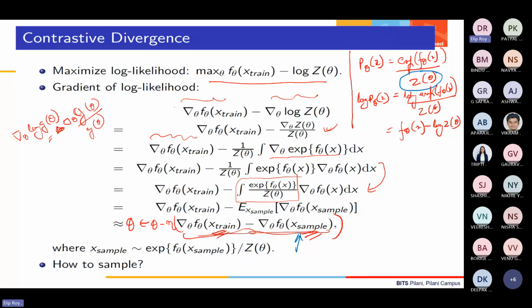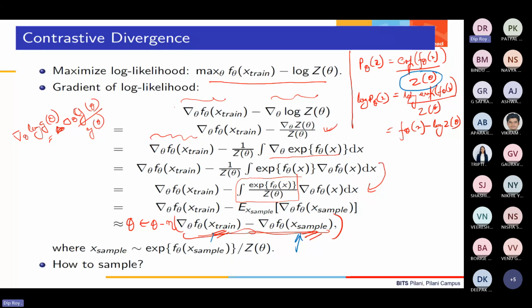How do we sample from an EBM? That is the key question. You have your training data, you have your model, you have found a way so that you don't have to calculate your Z theta and all those particular things. But now it is saying that you have to sample from your EBM. But how do you sample from an EBM?